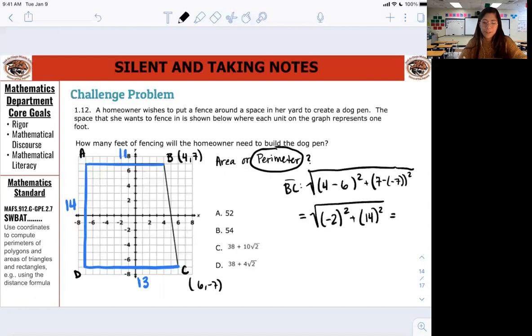What's 14 times 14? 196, and then 196 plus 4 is 200. So this is the square root of 200.